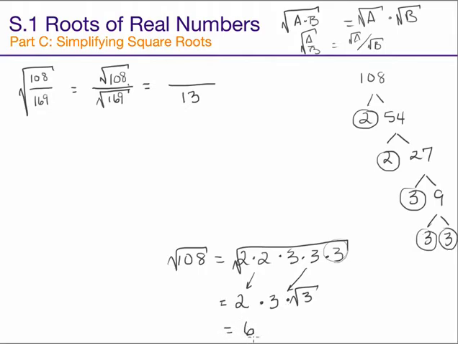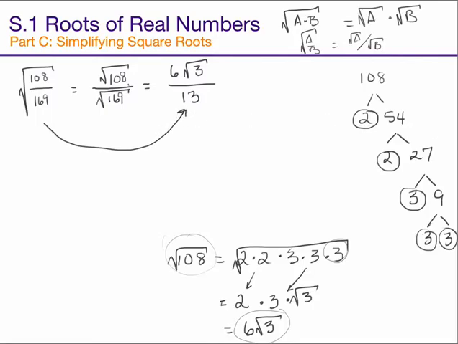The square root of 108 can be simplified to 6 root 3. This was just scratch work. So in place of root 108, I'm going to write 6 root 3. The square root of 108 over 169 can be simplified as 6 root 3 over 13.